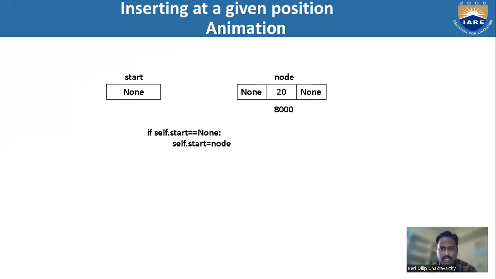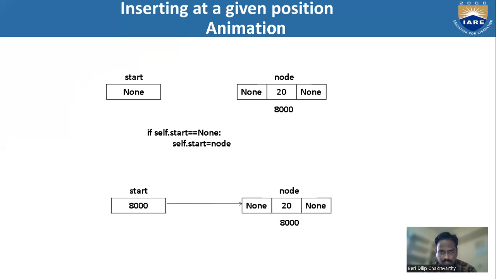I may need to insert at the first position, second position, or third position. So I need to take the position first of all. If the list is empty and I am trying to insert the element, it will be inserted at the beginning only. It is simple, as we have seen in the earlier cases. We are just giving the address of this new node here, 8000.